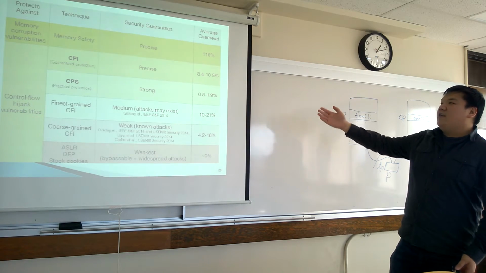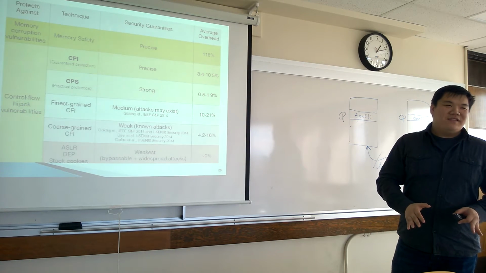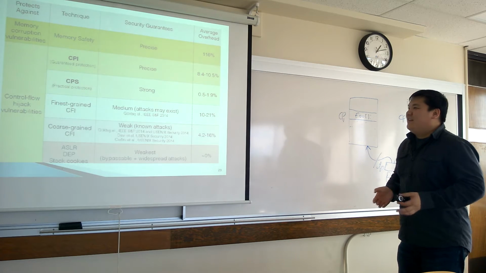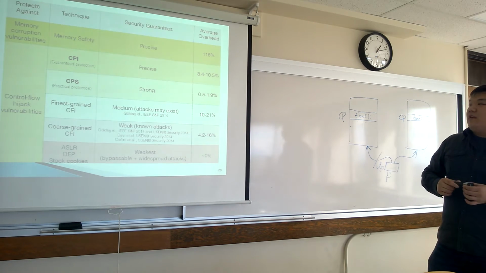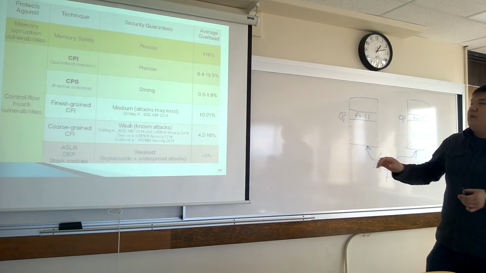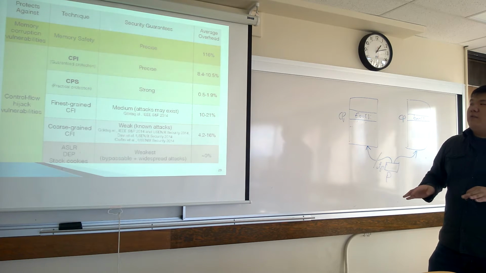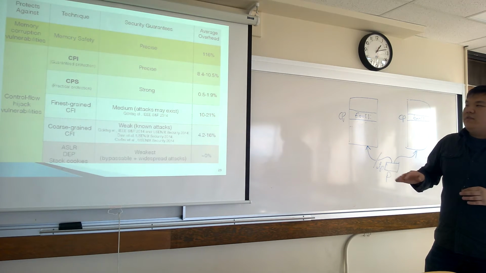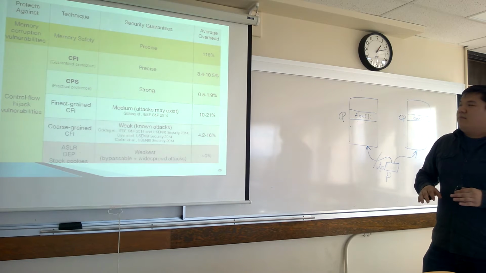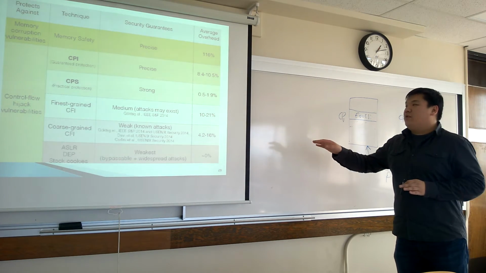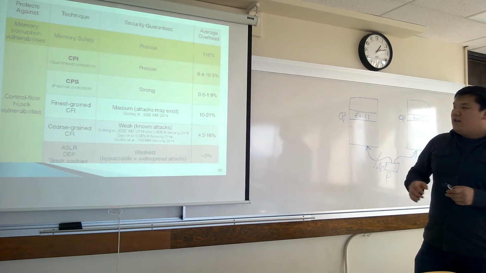But the average overhead is about 116%, not practical. And then CPI, which is the guaranteed protection, has an 8.4 to 10.5% overhead, while CPS, which is more practical, only has a 0.5 to 1.9% average overhead.